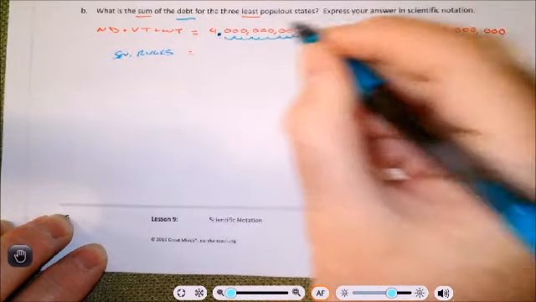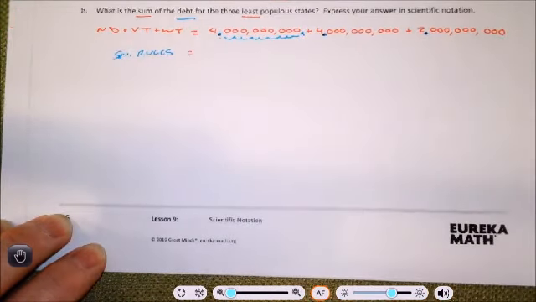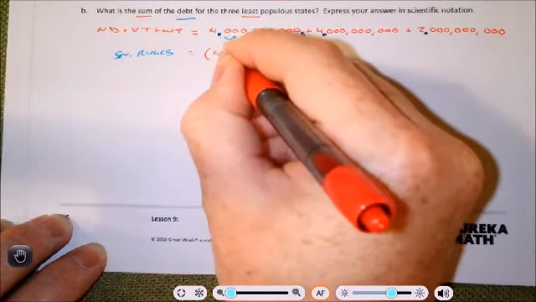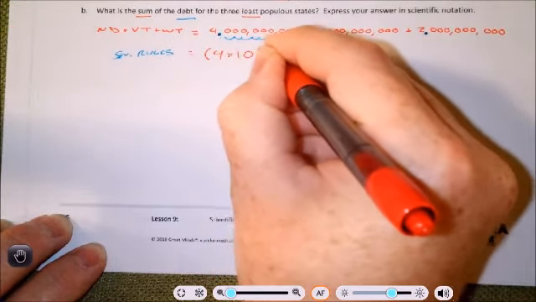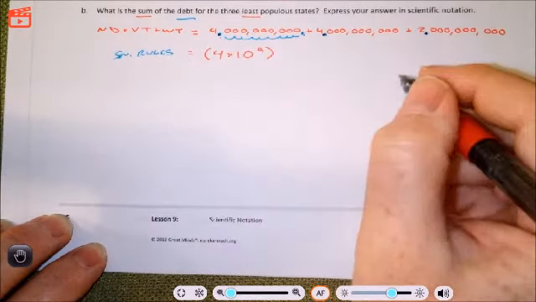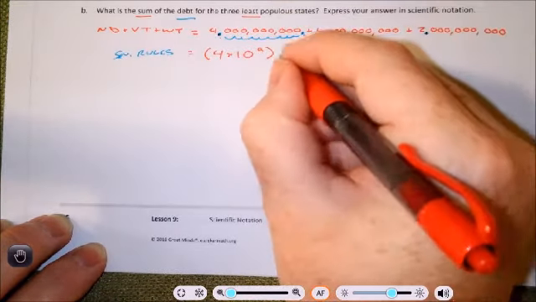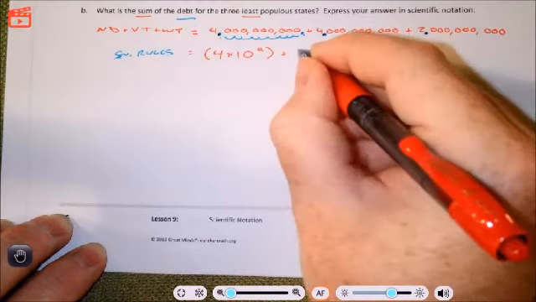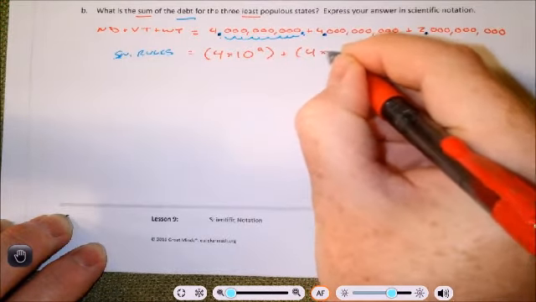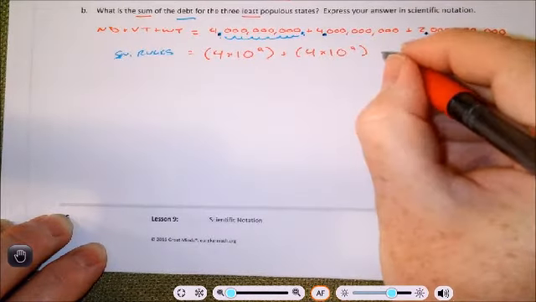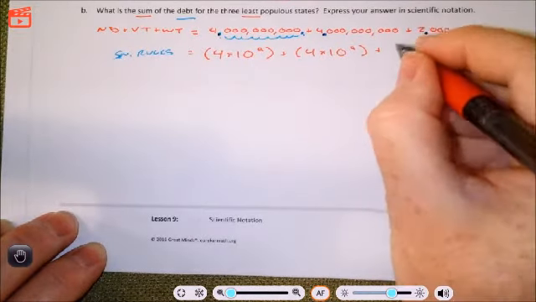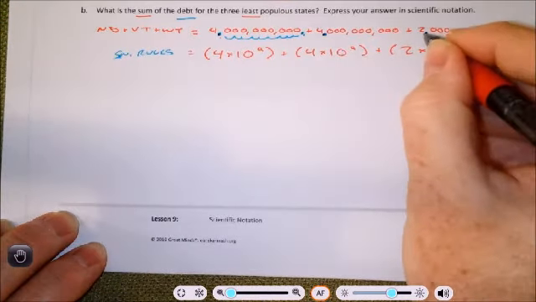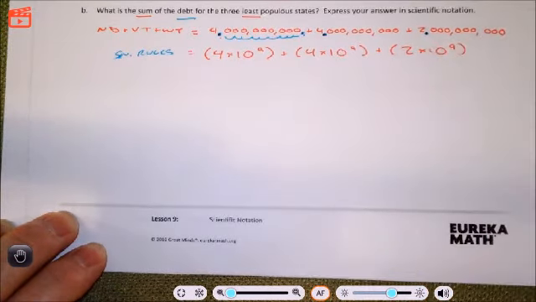And when you do your jumps, you find out that it moved 9 place values. So 4 billion turns into 4 times 10 to the 9th, because it moved 9 place values. Vermont is also 4 billion, which the decimal moved 9 place values, so that is also 4 times 10 to the 9th. And Wyoming is going to be 2 times 10 to the 9th because the decimal moved 9 place values.